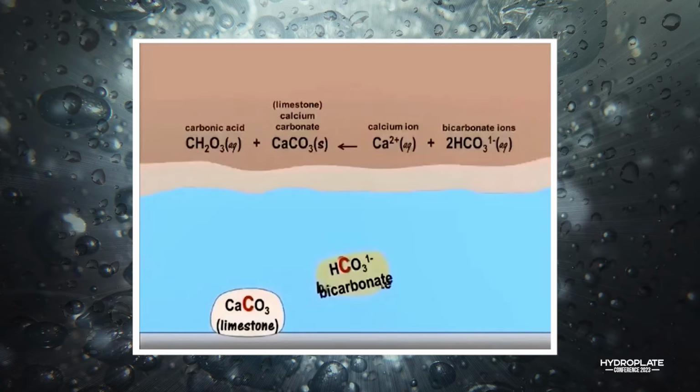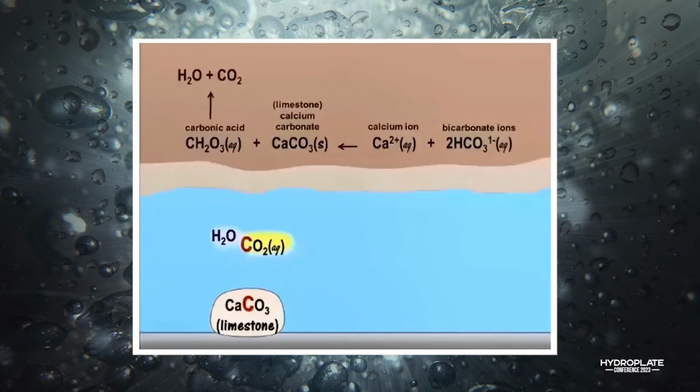The other carbon atom produced aqueous carbonic acid, which, remember, would break down into water and CO2, especially in the high-energy environment of the subterranean chamber. However, because the solution was trapped and sealed deep under the crust, this new carbon dioxide molecule could not escape up into Earth's atmosphere. Therefore, hydroplate theory solves the huge question of why Earth has over 1,000 times more limestone than it does carbon dioxide.